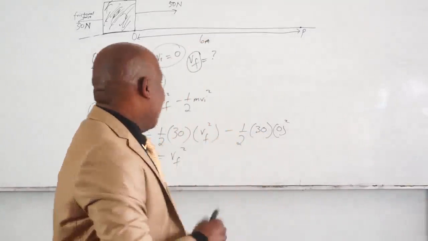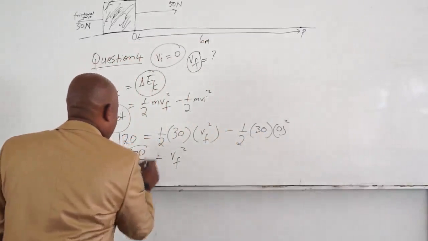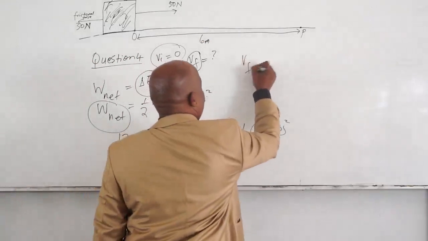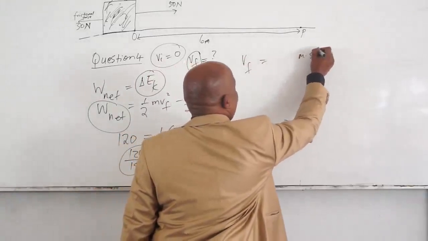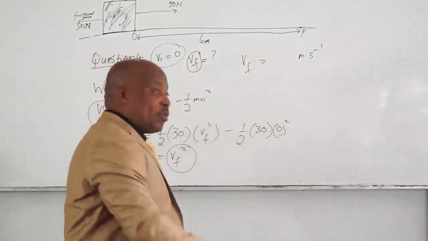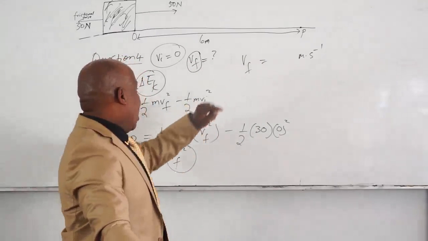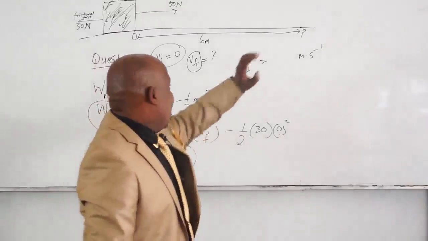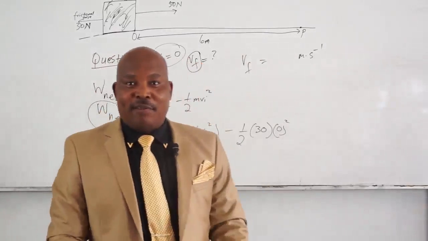So the answer you're going to get here, you must find the square root of that velocity. And then you'll find your V final, which is in meter per second. That's the unit of velocity. So you can use your calculator and find the answer. But once you find the answer on this, you must find the square root. And then from there, you find the final velocity.